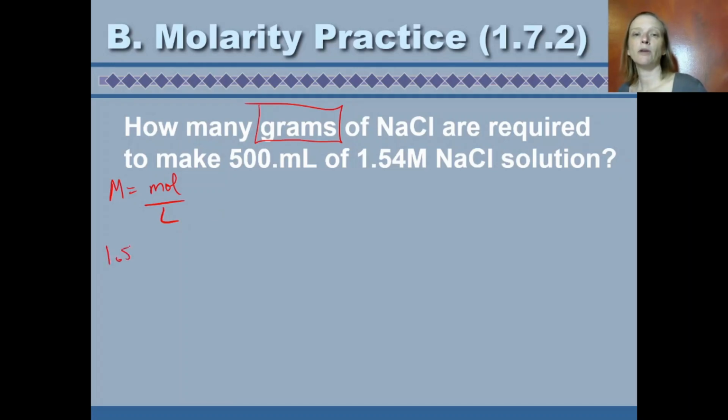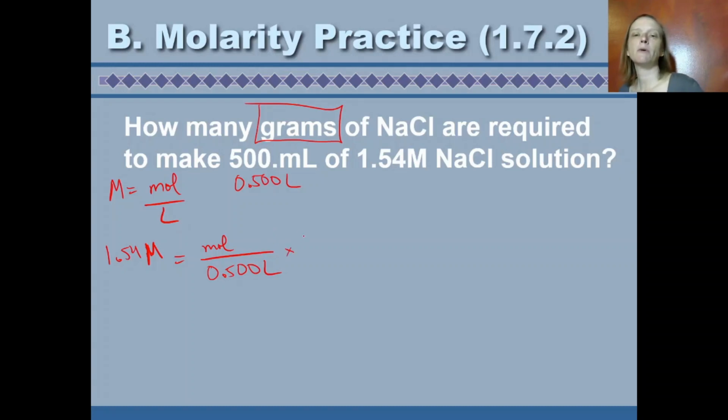I have a 1.54 molar solution. I don't know how many moles we're using, but I know that I have 500 milliliters. Notice the decimal point, this has 3 sig figs, and that is going to be equivalent to 0.500 liters when you divide by 1,000.